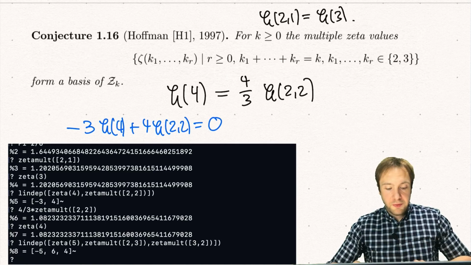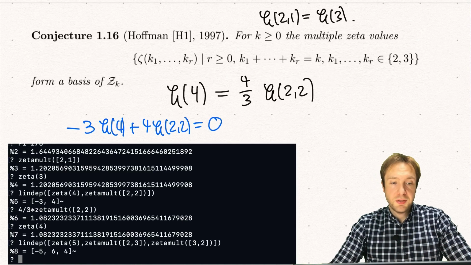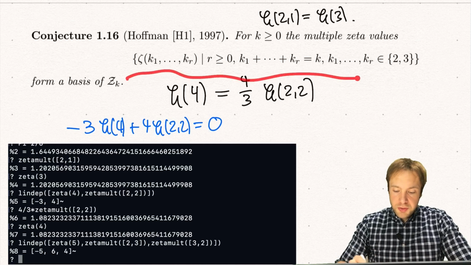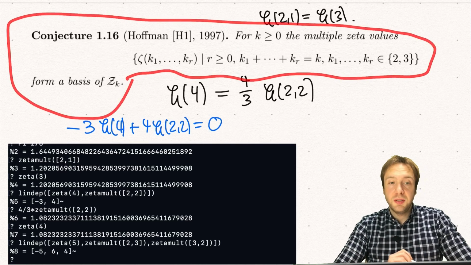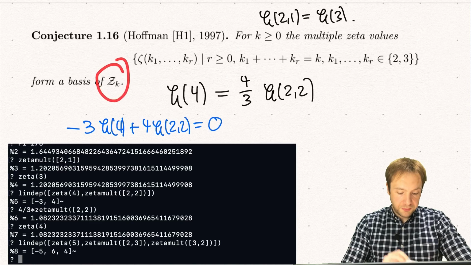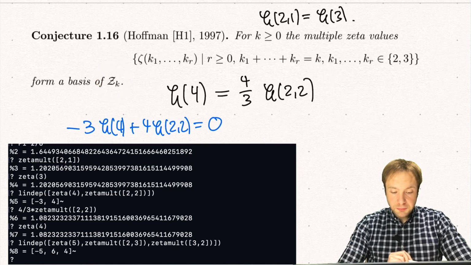So in particular, zeta 5 can be written as a linear combination of zeta 3, 2 and zeta 2, 3, which somehow supports this conjecture, stating that these multiple zeta values where the entries are just 2s and 3s give a basis of the space Z_k.